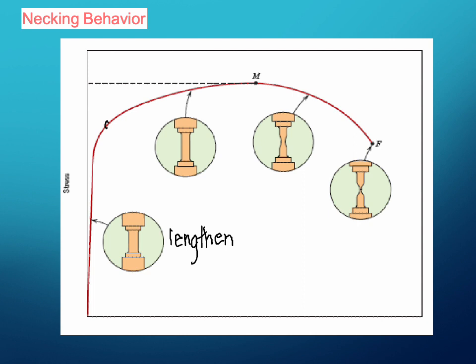This is the point here where I start to get permanent deformation, but the sample itself will just get longer. There won't be any change in the cross section at any point. So all I have here is it's continuing to lengthen, but now it's lengthening permanently.